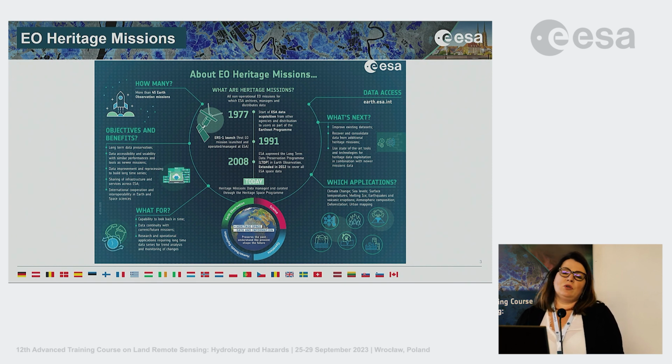So, for example, if you want to make a historical analysis for some application, maybe for water, and you would like to access data from 20 years ago, this is the point where you would use the heritage missions data.